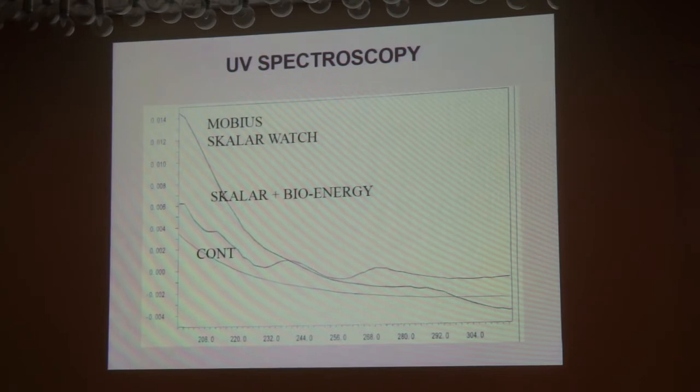But then the watch was treated with the healer, and this one over here is a combination of non-classical electromagnetic energy and bioenergy from a healer. So this is an unusual response. Just wanted to show you, again, that different kinds of energies generate different patterns.